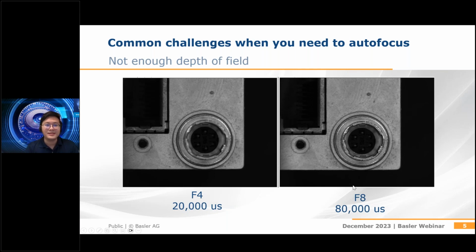Therefore, this will increase the depth of field. But this, of course, comes with a disadvantage: the light is effectively reduced by 4 times. Therefore, the exposure must be increased by 4 times, from 20,000 microseconds to 80,000 microseconds, to get the same brightness.